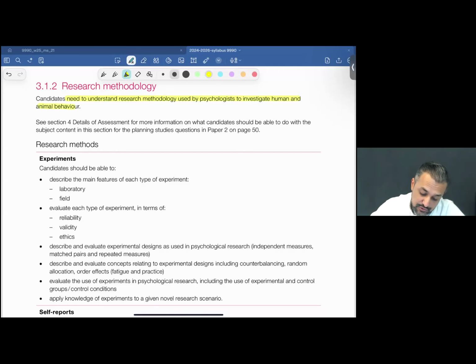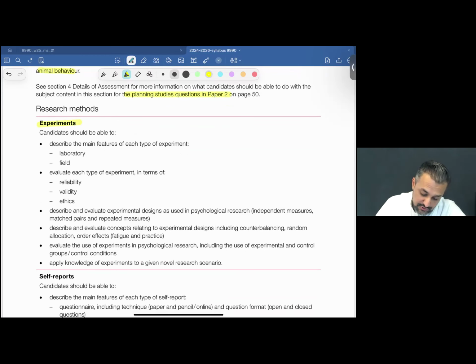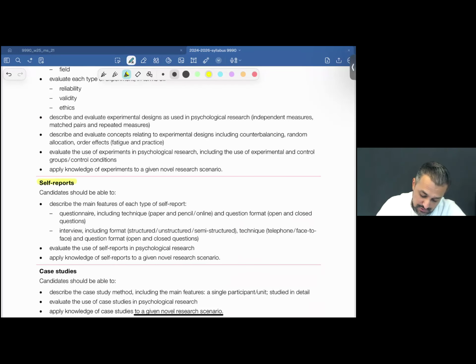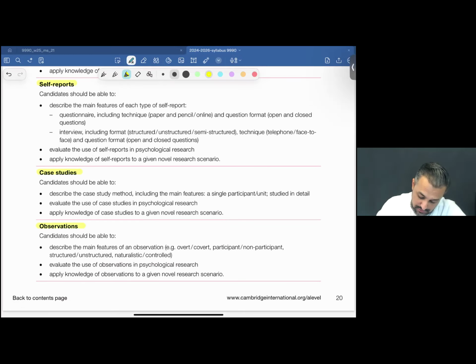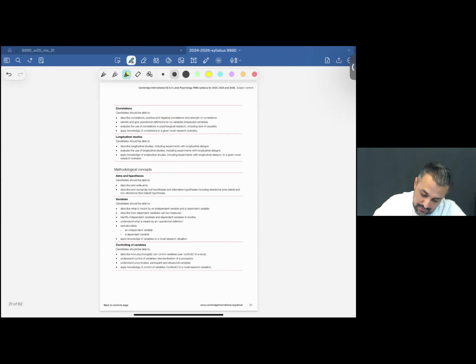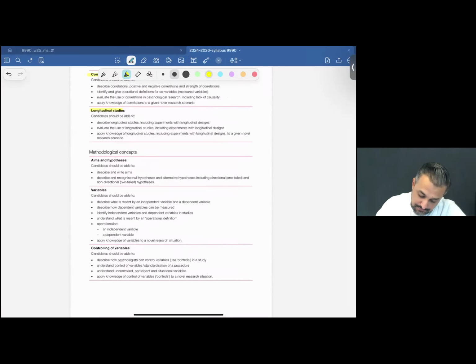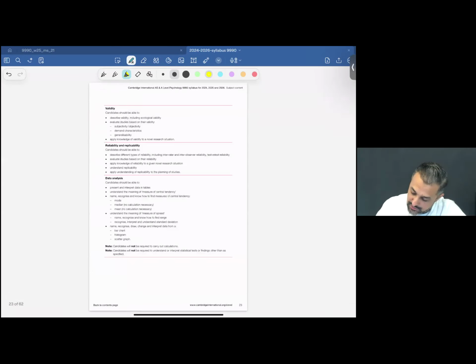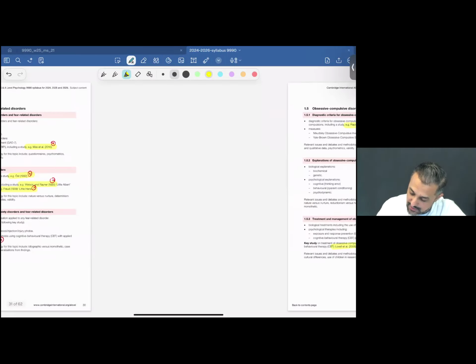See section 4, details of assessment, for more information on what candidates should be able to do with the subject content in this section for planning studies questions in paper 2 on page number 50. So these are the different research methods that you could be tested on. Here, here, here, here.